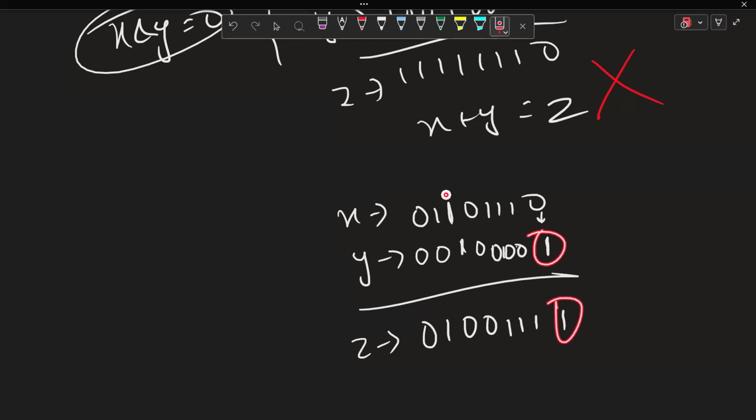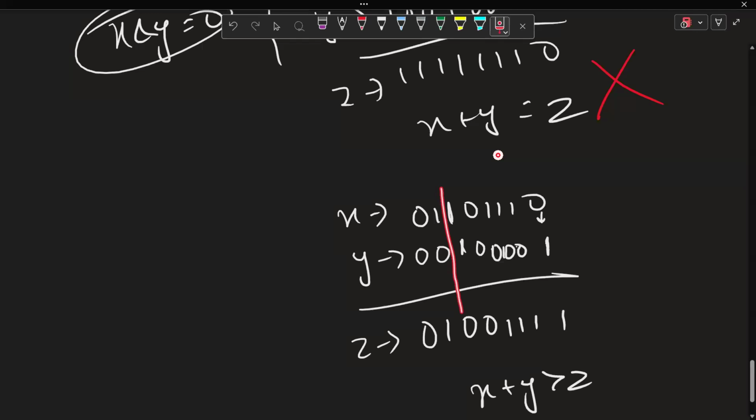And for this where it was unset in x and you set in y, you get a 1 there. So finally, whenever you add any two of them, let's say you add these two together, this plus this, these bits are equal to z. This plus this would be equal to z. But this plus this would be some extra value which is not there in z. So definitely you would have x plus y greater than z.